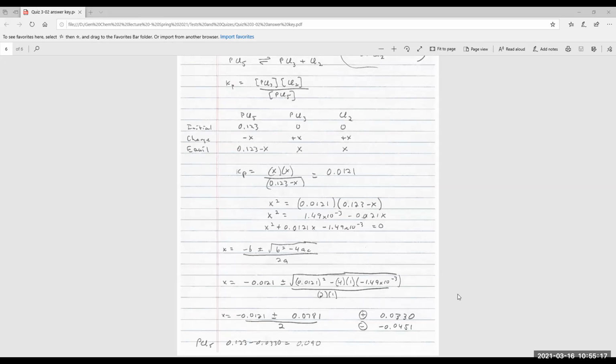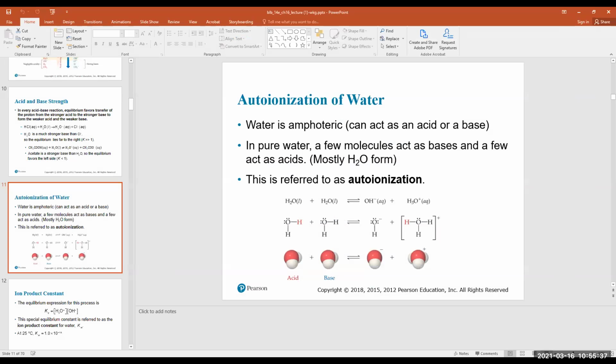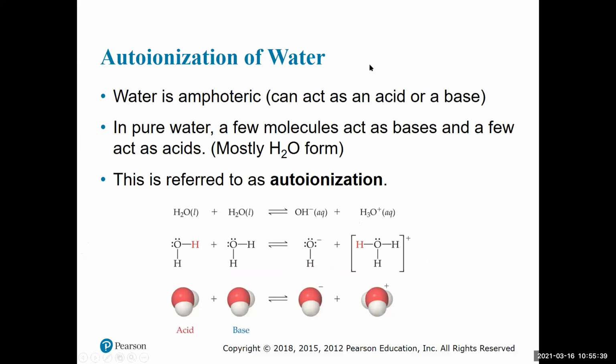Okay, so any questions about the quiz? Okay. Well, let me go ahead and pull up the slides. Can the people on Zoom see the slide?